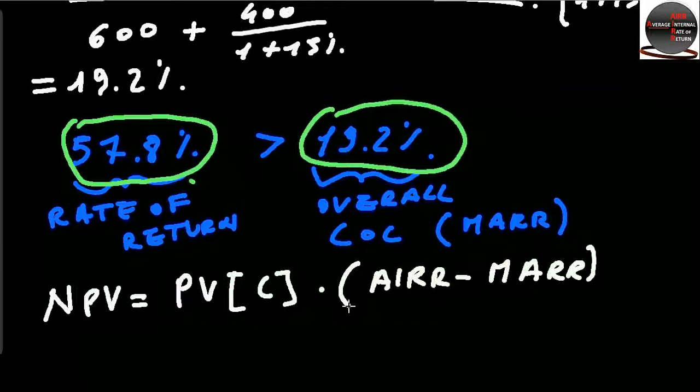Then we discount back by 1 period, because we want a present value. So we discount back by 1 period with the first period cost of capital.